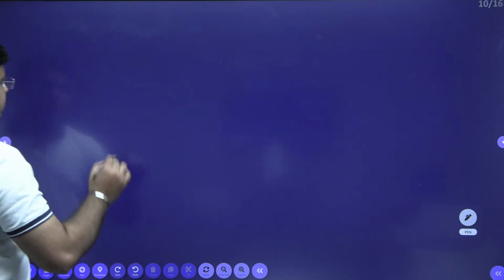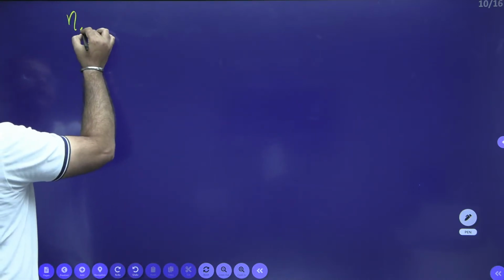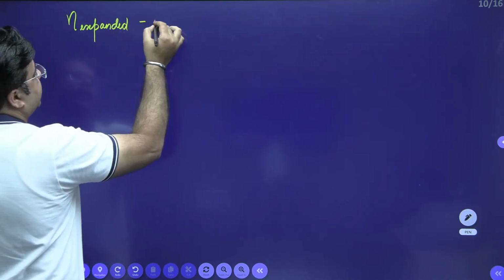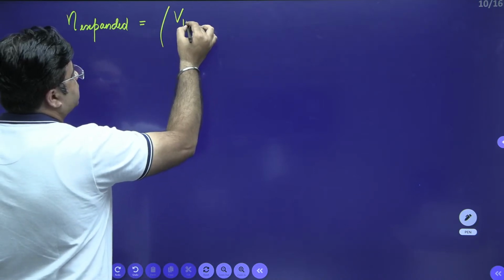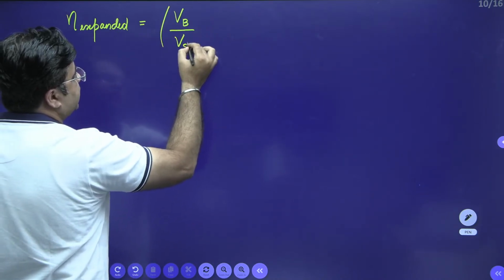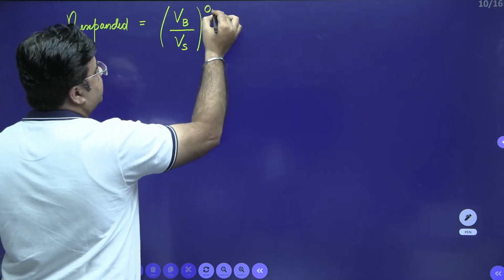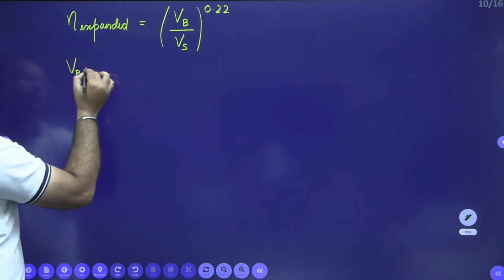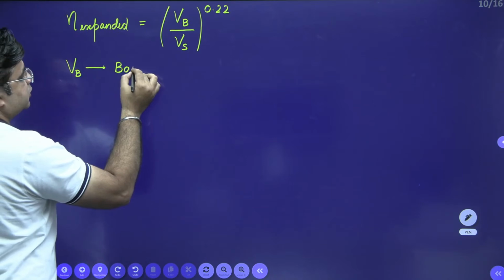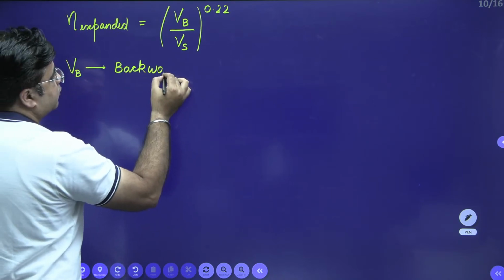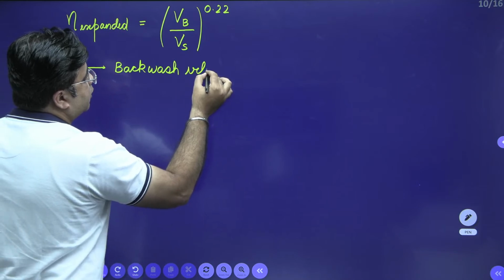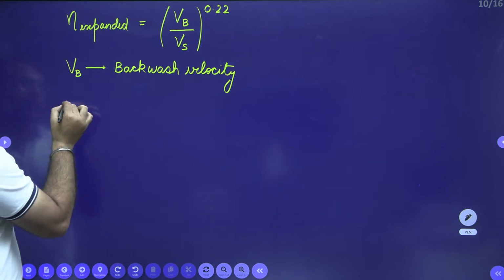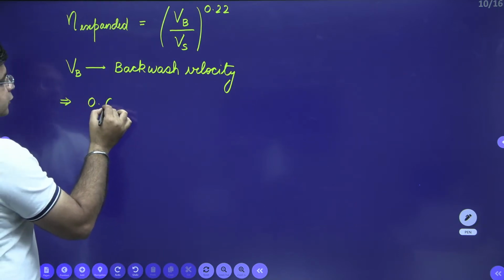That expression is: porosity of expanded bed is equal to backwash velocity VB divided by the settling velocity of the filter medium particle, raised to the power 0.22, where VB is the backwash velocity and Vs is the settling velocity of the medium particle. Porosity of expanded bed is equal to 0.65.